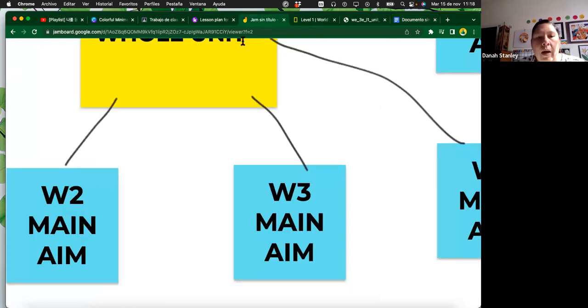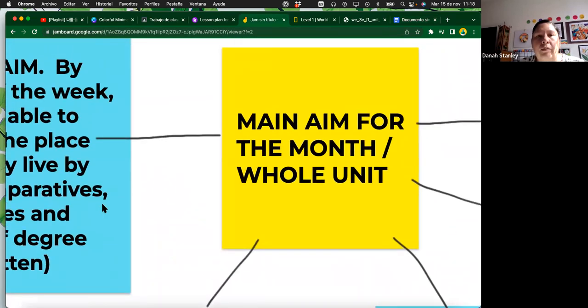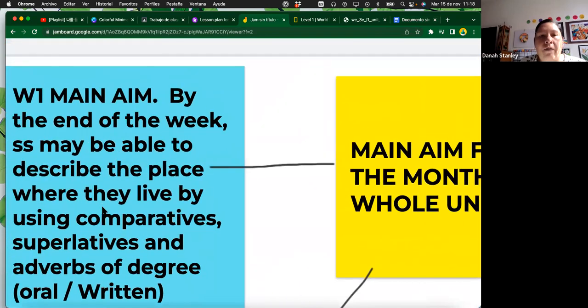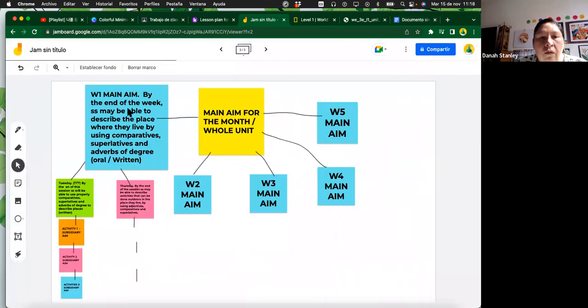I use my standards as rubric. Even I have the evaluation for the week. So by the end of the week, after doing this, they are going to do this. So I'm going to plan as the final activity or the closing activity.